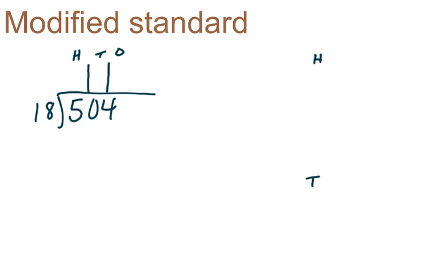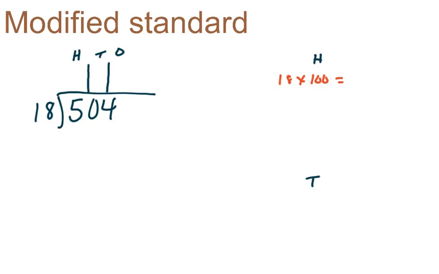So let's look at our first example. We're going to be using the modified standard algorithm, the one that we use the most in our classroom. And we're looking at 504 divided by 18. Now, as always, when we start off with this, we start off going by place value. We're going to start with our hundreds first. So we start off with 18 times 100.